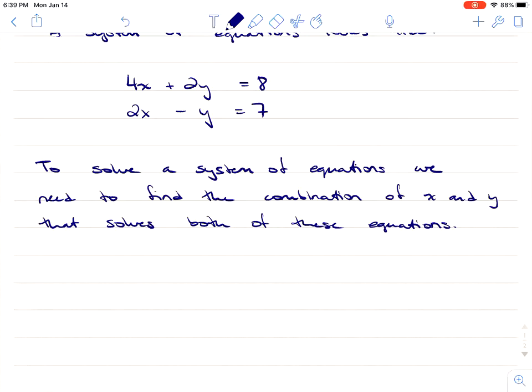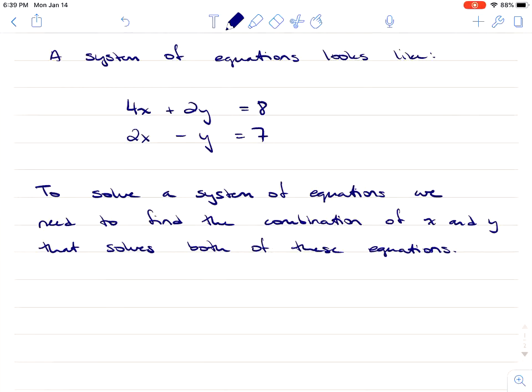We've got an x and a y in each of these equations, so we have two unknowns. To solve for two unknowns, we have to have at least two equations. You have to have as many equations as you have unknowns. So these are unknowns, the x and the y.